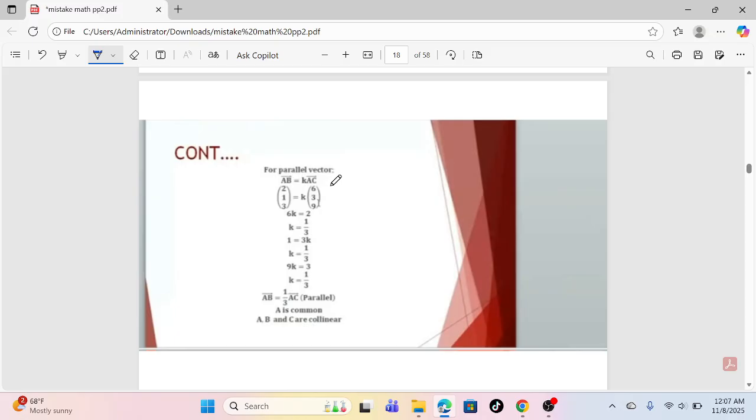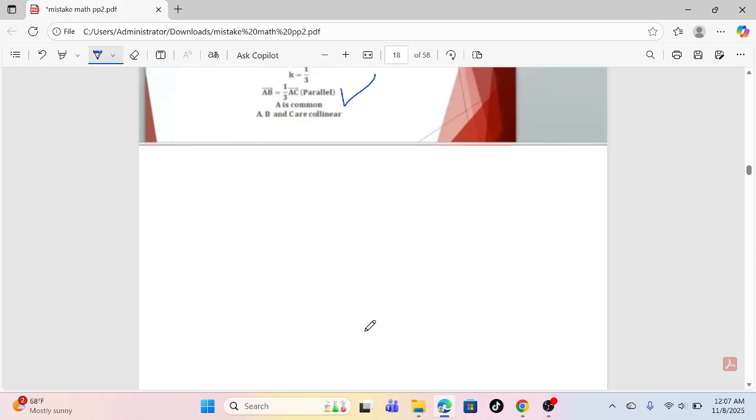The k is the scalar. Then AB equals 1/3 AC. This shows they are parallel. So what is common? Here we have AB and here AC, so A is the common point. Hence A, B and C are collinear.